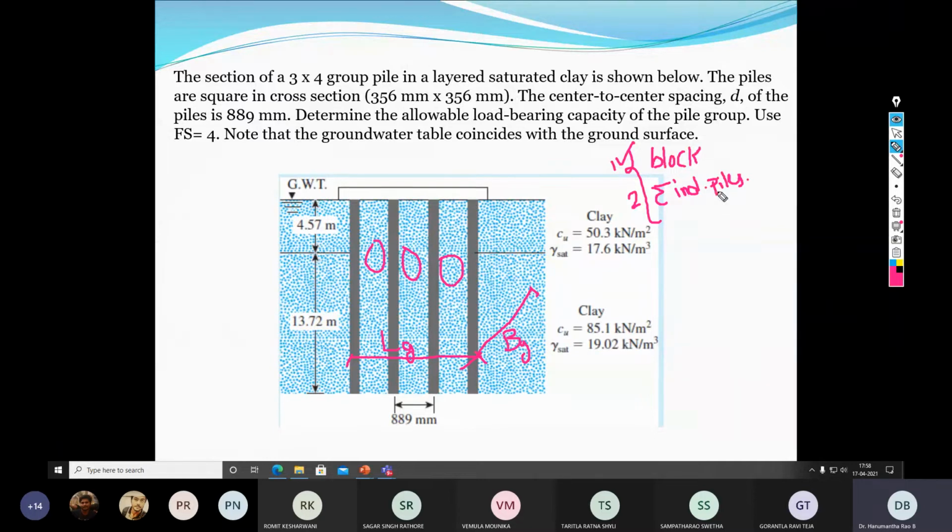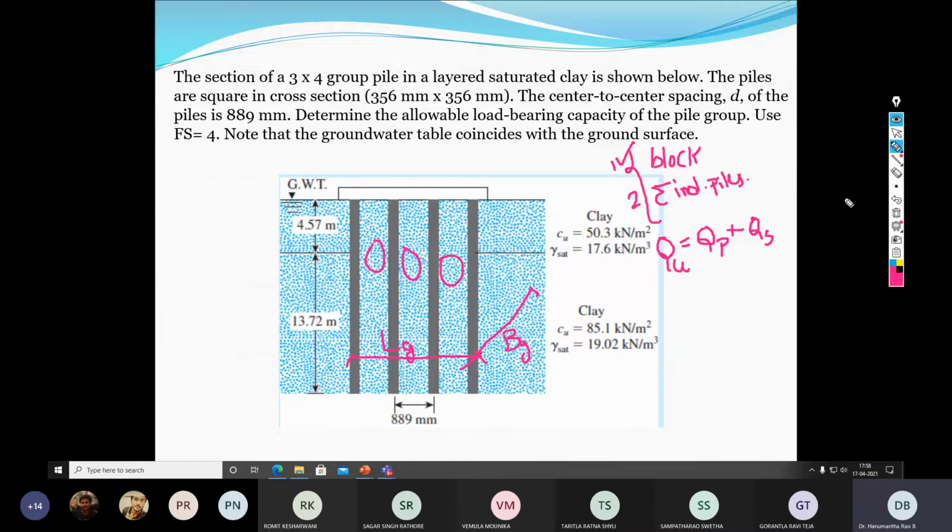Another important thing is that your ultimate bearing capacity QU again comprises the point bearing capacity plus the skin friction. This QP and QS shall be considered as a block or as individual piles.